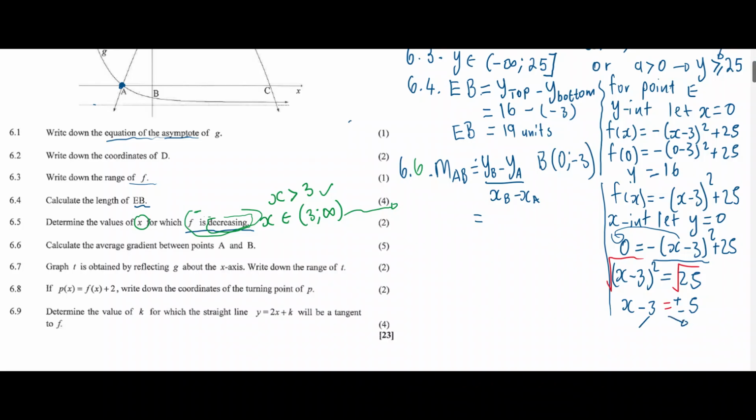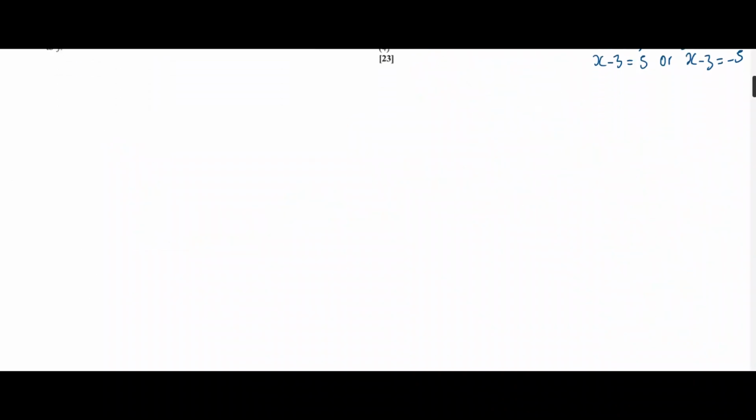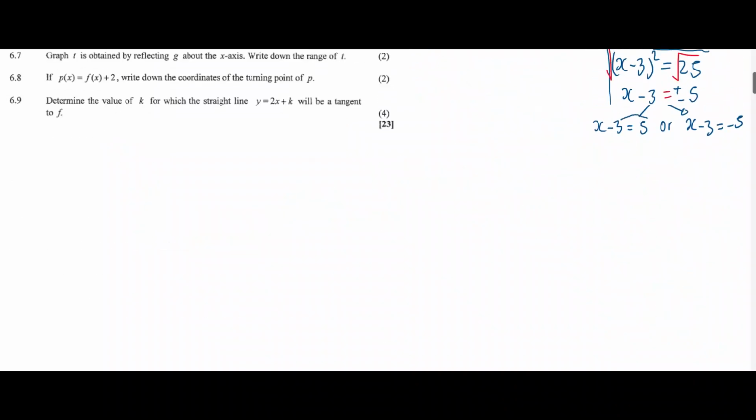So this is x minus 3. And then now we're going to have two separate solutions, right? One where x minus 3 is equal to 5, or x minus 3 is equal to negative 5, right? So now let's transpose these values that side. We're going to get two separate solutions. So the other one is 5 plus 3, which is 8.